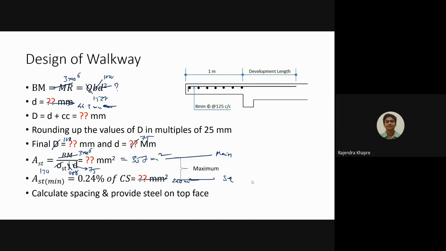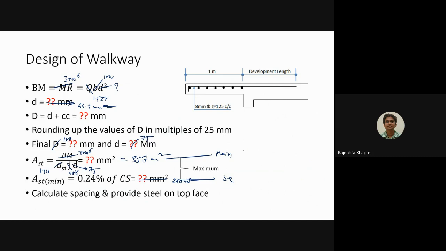Check how much is coming. 8 mm dia bars at 125 center to center is equivalent to how much of steel? 402.